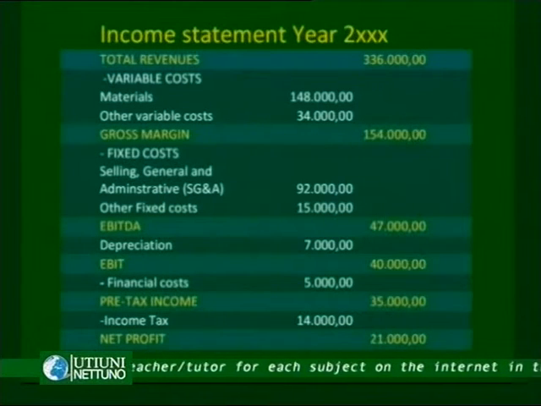The second aspect I would like to remark is that clearly when we are evaluating a project, the income statement is a projection. So for each year of the life of a project, we'll have projections about revenues, cost, and so on. And so we'll have a projected net profit for the project in each year of the life of the project.